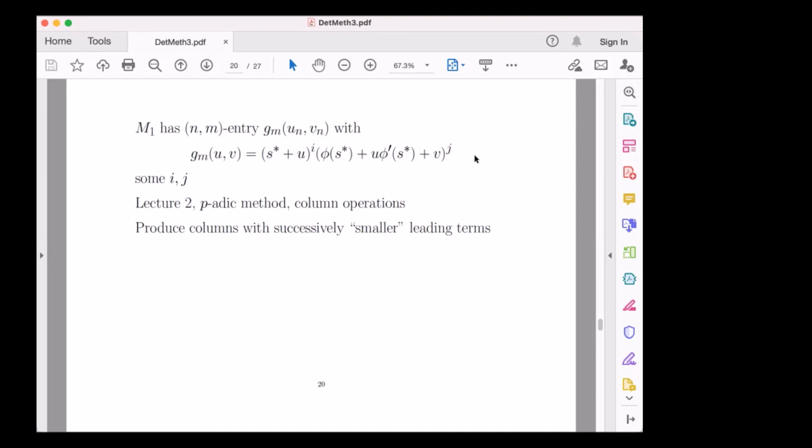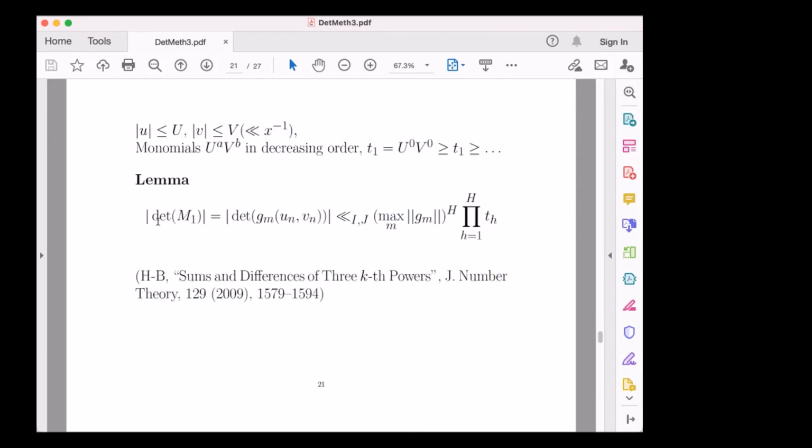And then to show that the determinants are small, we use the same sort of column operations that we did in the previous lecture. I won't go through all that again, but we produce columns with successively smaller leading terms. There's a lemma that tells us how large the determinant M1 is going to be in that case. If you have bounds on u and v, well, u will be at most capital U, v will be at most capital V, which is of order x inverse.